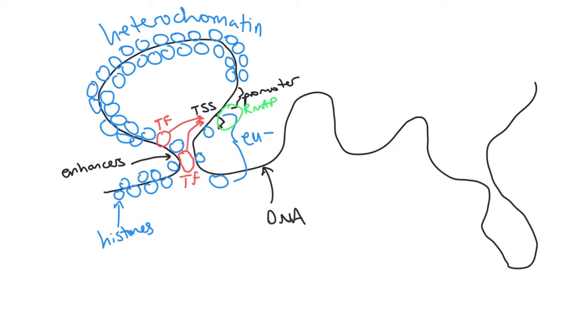And transcription can be inhibited when those coding regions, which we can schematize in yellow, so let's say this is the coding region of that gene, also need to be in euchromatin for all of these proteins like RNA polymerase to pass along the DNA strand. So it tends to be the case, to reiterate, that enhancers, promoters, and coding regions of genes are in euchromatin when those genes are being actively transcribed.